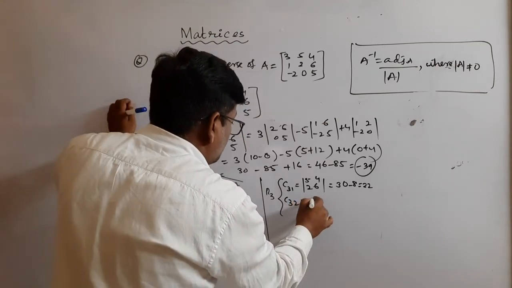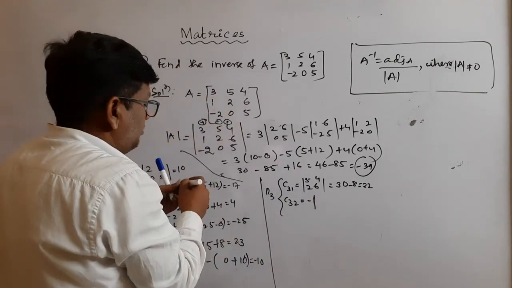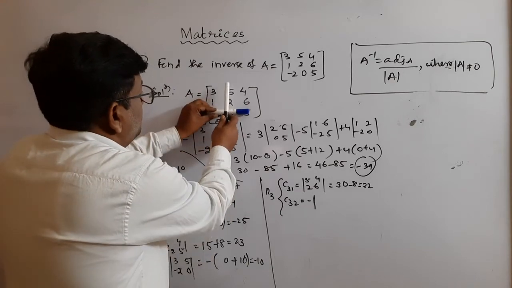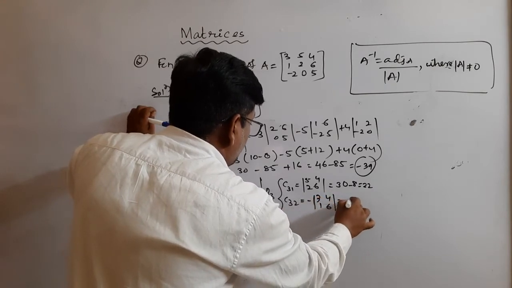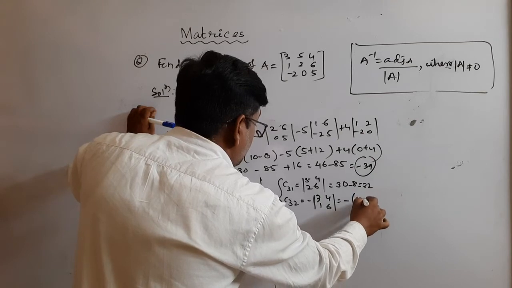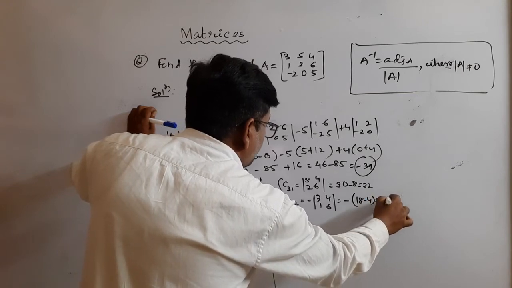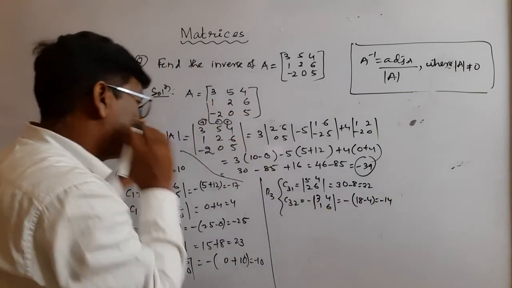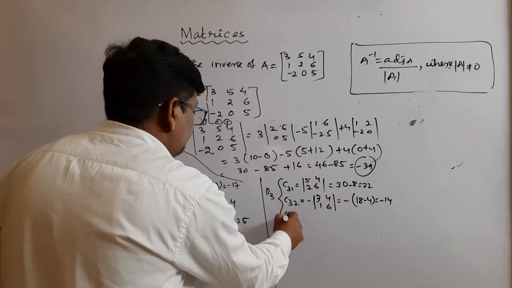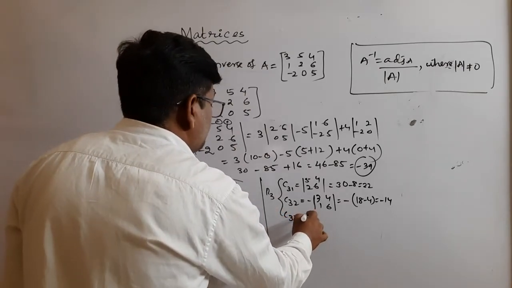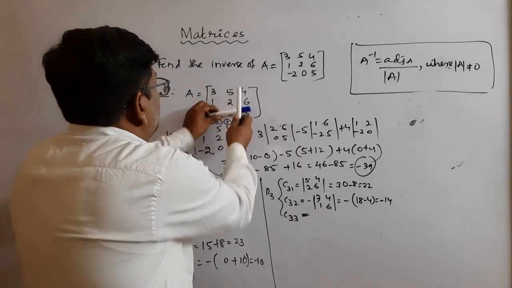C32: 3 4 1 6. This is odd, so it will be minus. So minus, third row, second column: 3416, so minus 18 minus 4, that is minus 14. Then C33 is equal to: third row, third column: 3512.